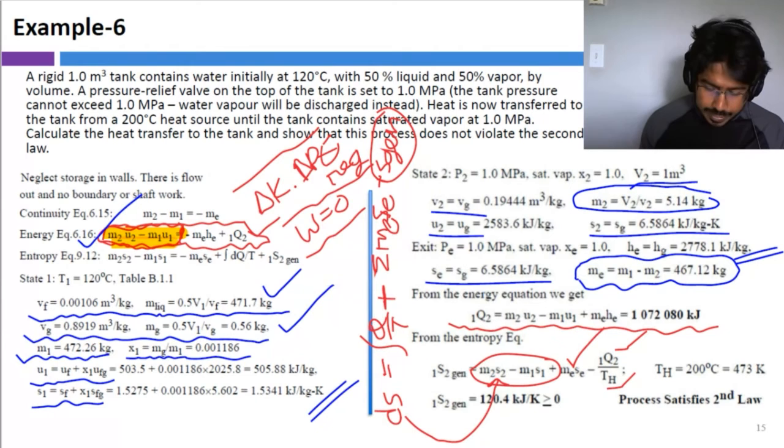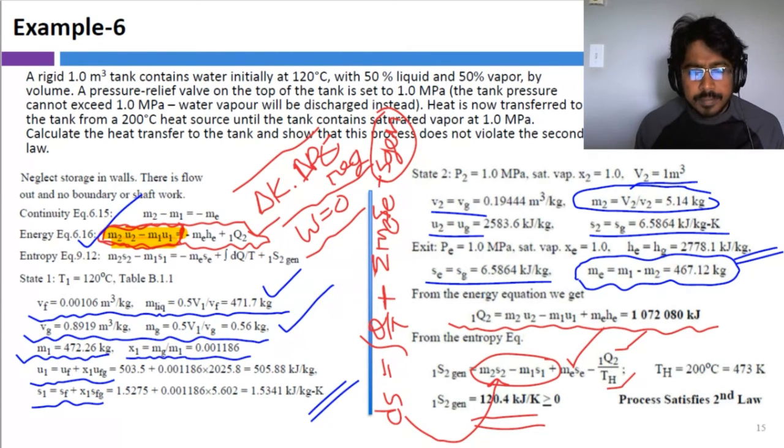So with this one, we get entropy generation as 120.4 kilojoules, and therefore it is greater than 0. The process satisfies the second law.